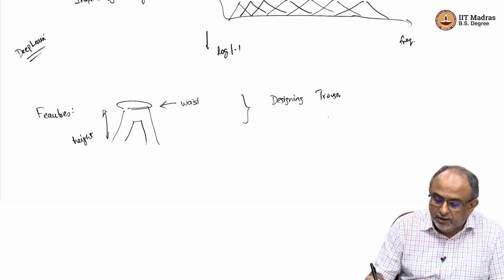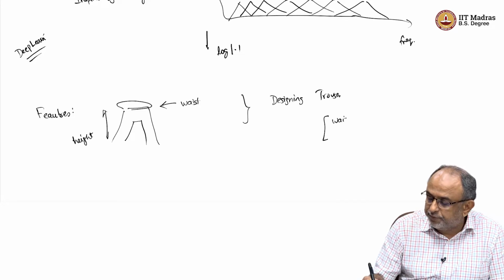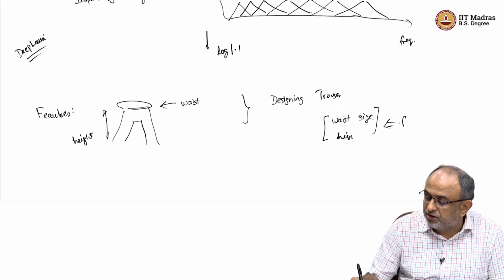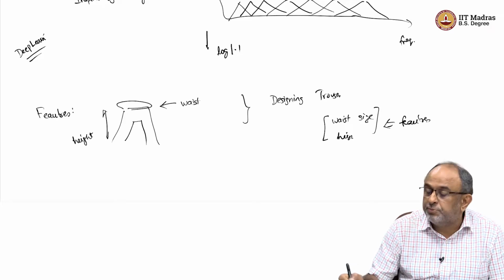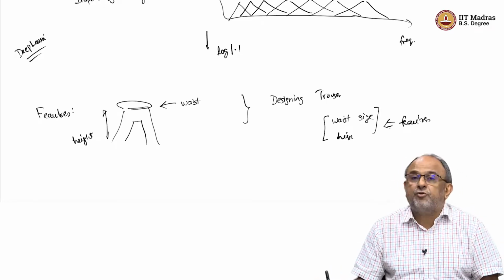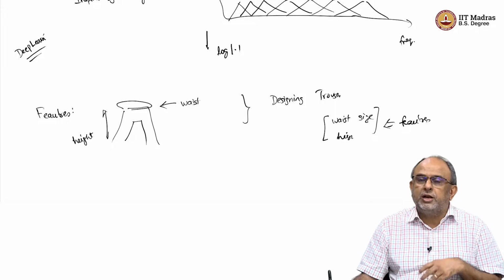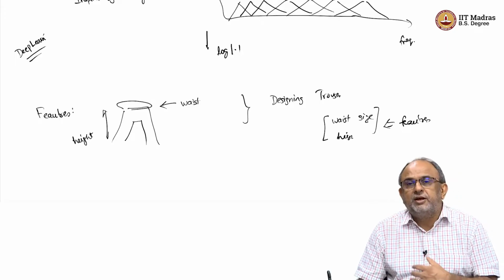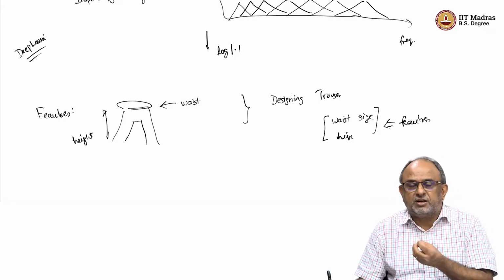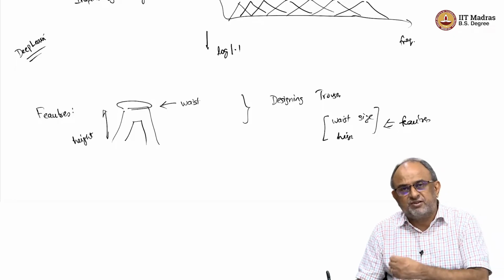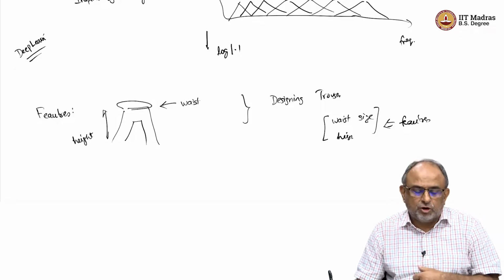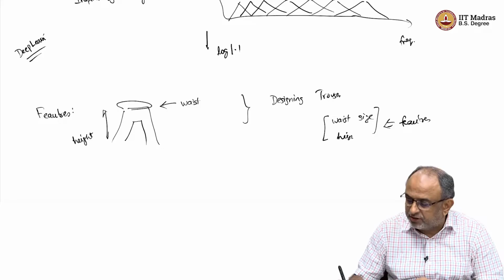I need waist size and height, right? So these are useful features. These are some measurements that are relevant for my design or for my modeling and so on, right? Similarly, when I'm processing the speech signal to do something useful, I'm going to extract something relevant, and those are what we typically mean by features, correct?